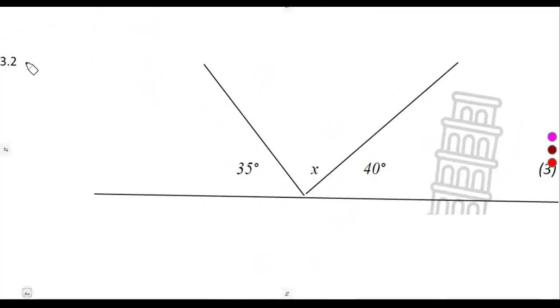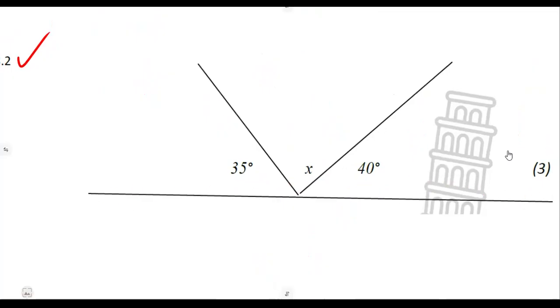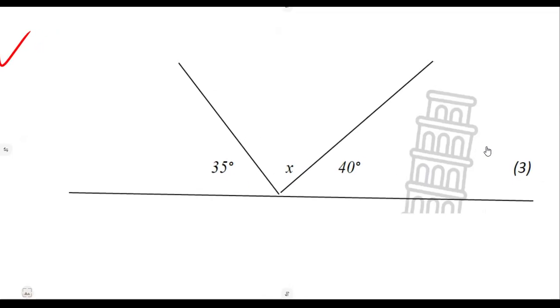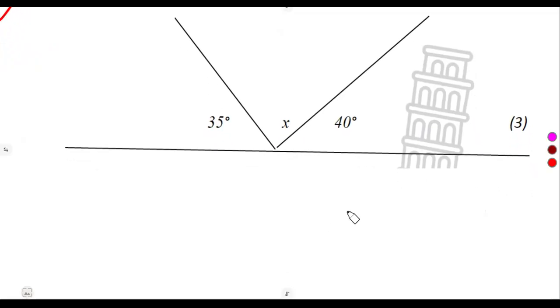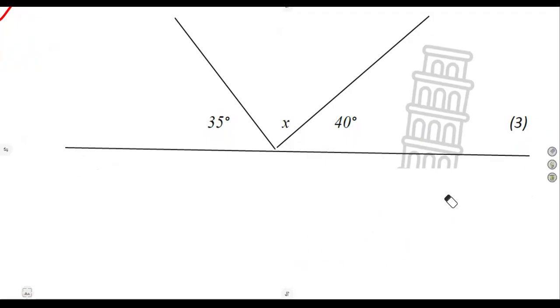All right, 3.2. Another property of a straight line. Angles on a straight line. They add up to 180 degrees. Just like a triangle. Angles in a triangle, they add up to 180 degrees also. But this one, it's not a triangle.